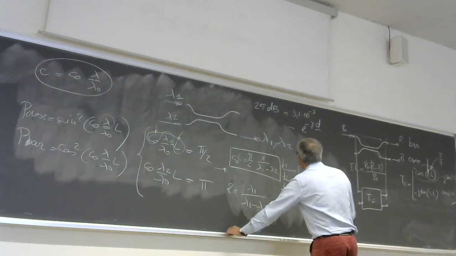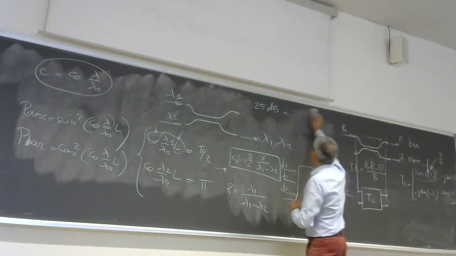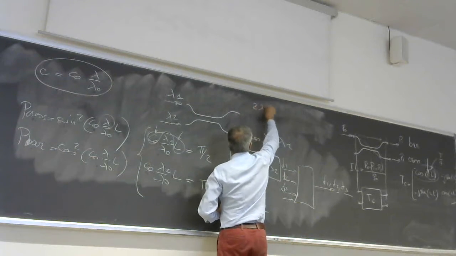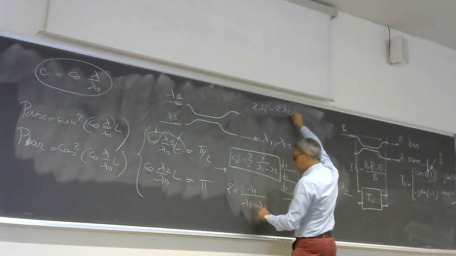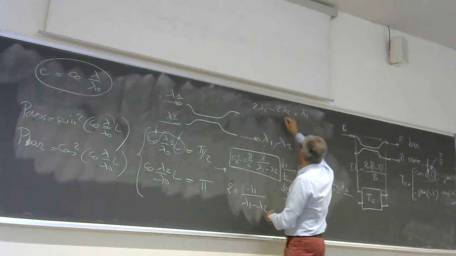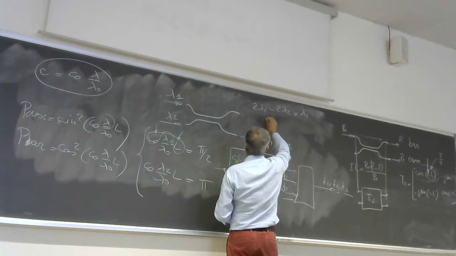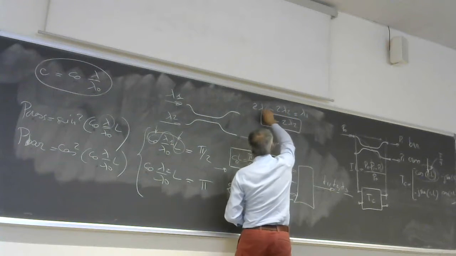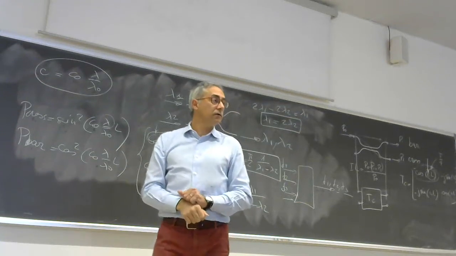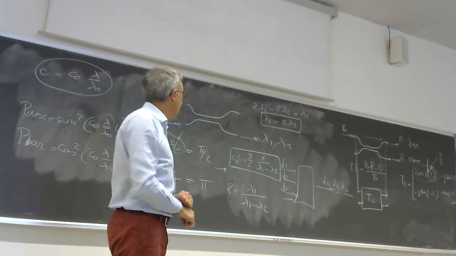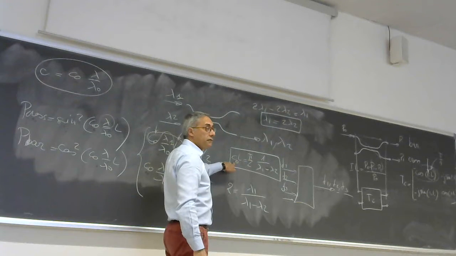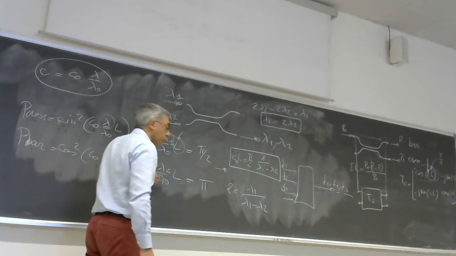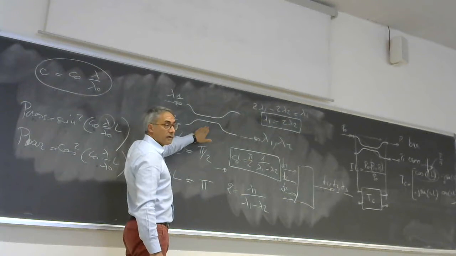We can continue here. I write on the upper part, so you are more. 2 lambda 1 minus 2 lambda 2 equal to lambda 1. So we have lambda 1 equal to 2 lambda 2. So if you choose the wavelengths like this, one double the other one, then you can find a combination CL that satisfies both equations and works like this.